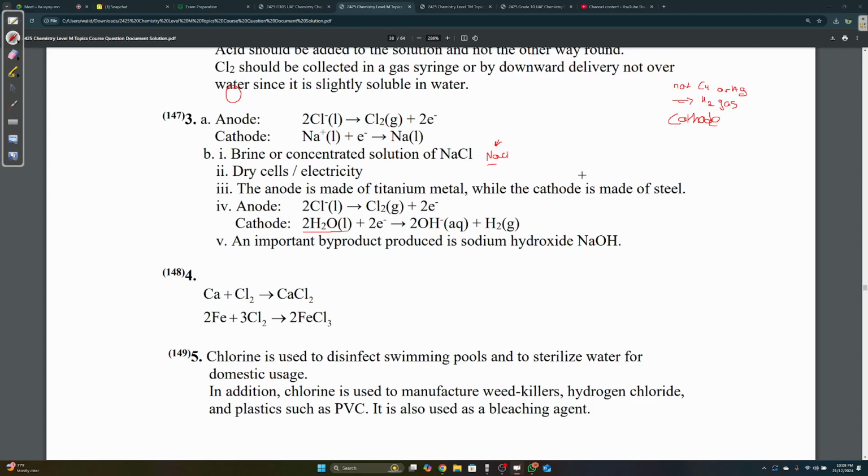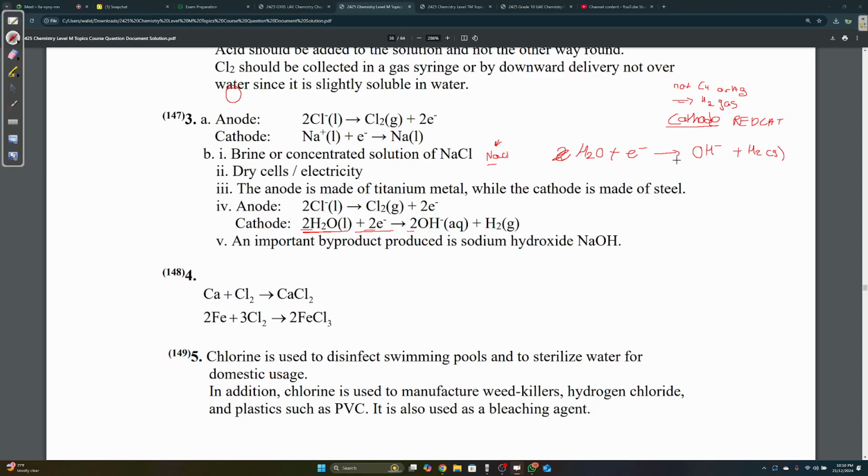Remember, at the cathode you always have reduction, because red cat, reduction, and it's the gain of electrons. So always, you have water, you're gaining electrons. Memorize, it's 2, 2, 2. You have water, you're gaining electrons, and you have OH minus and hydrogen gas, because it's either H or OH in water.